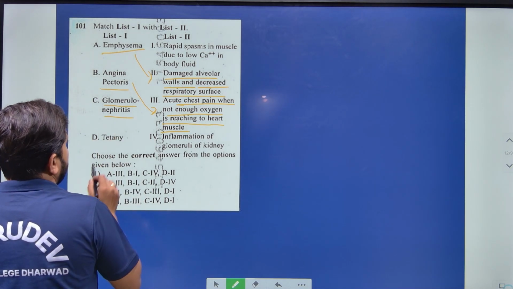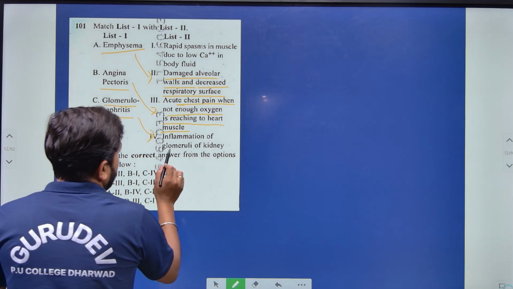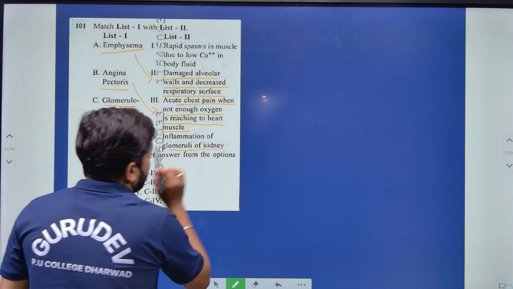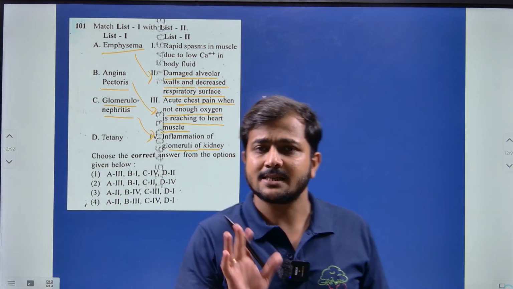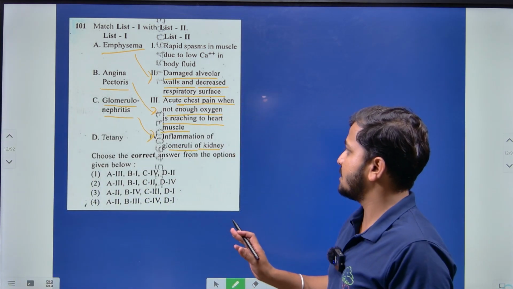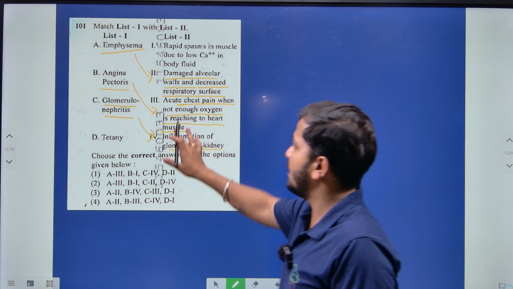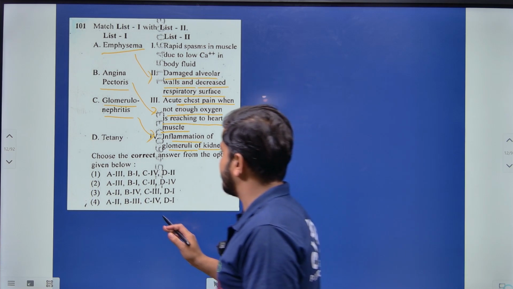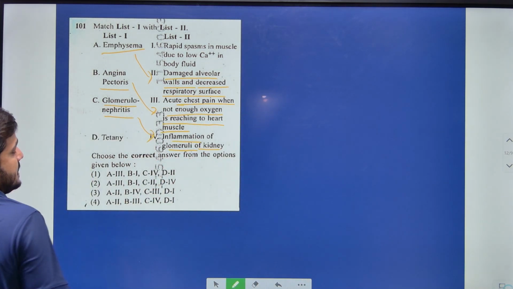It is the inflammation of the glomeruli of the kidney. As we know, the kidney's basic unit is the nephron, and the nephron consists of the glomerulus filter. There the inflammation occurs, and when there is inflammation, it causes glomerular nephritis.